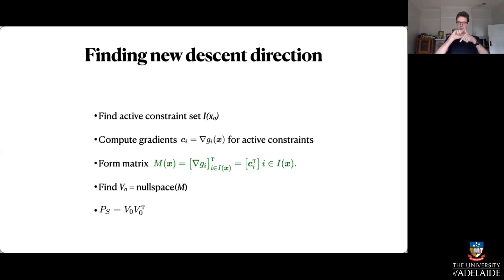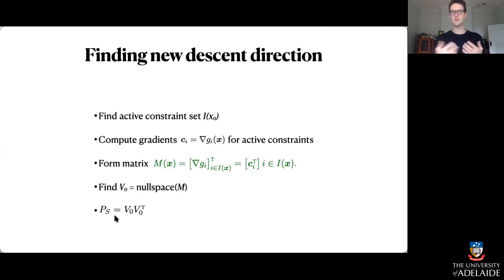Because we're looking for orthogonal directions, we need to solve a set of linear equations that give us orthogonality, equal to 0. So M times V naught is equal to 0. That's called the null space of M. That's just terminology. So we find the null space of M, and then the projection matrix that we need for the algorithm is just V naught times V naught transpose, which gives us this PS here.